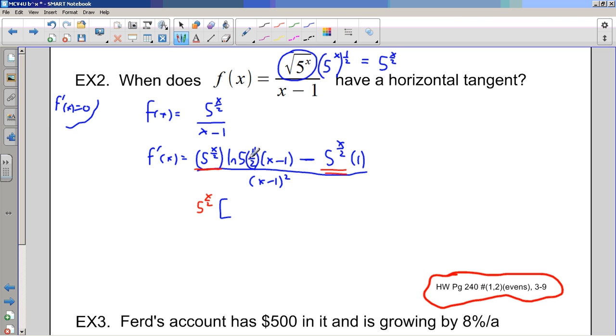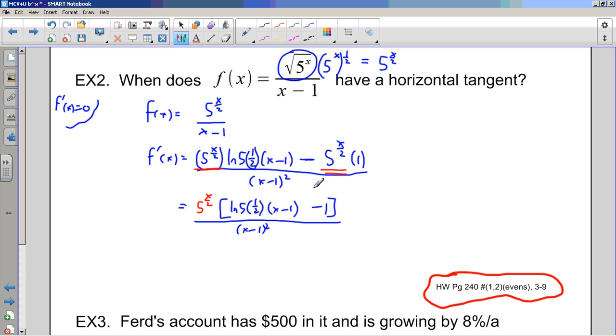These are just numbers, by the way, and if you ever got sick of seeing ln 5 times a half, you could just jam that into a calculator, but I'm okay seeing it like that. Hopefully you are as well. And then when I take this out of this term, I think I'm just left with 1 all over x minus 1 squared. And that's the derivative in nice simplified form.